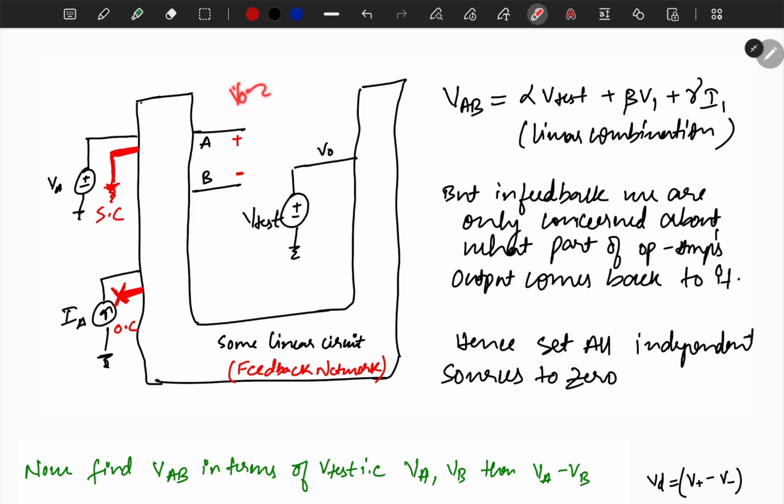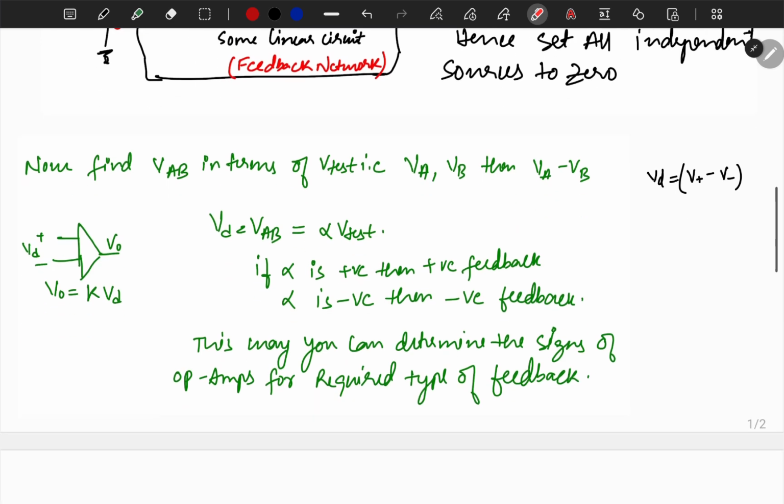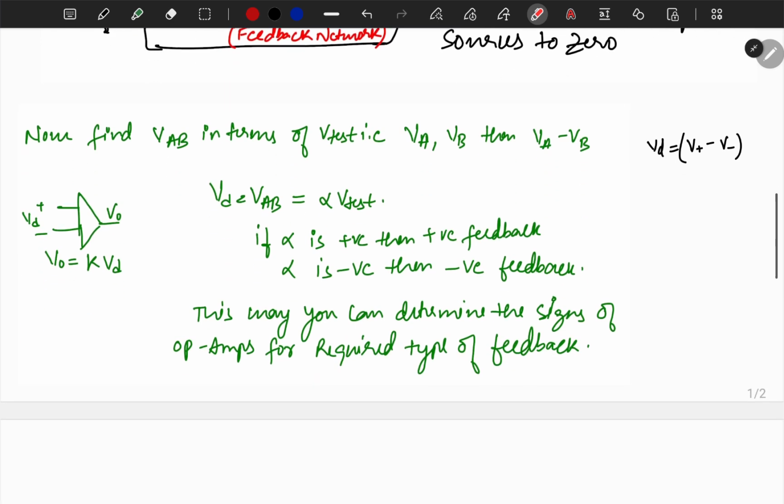V out, V naught or V test here, equals some gain A or K, whatever you take, times VD, the difference voltage. When you are increasing V naught, the feedback part is actually trying to decrease VD. So alpha is negative, then it is trying to decrease VD. In this way we can find out if the configuration is positive feedback or negative feedback.